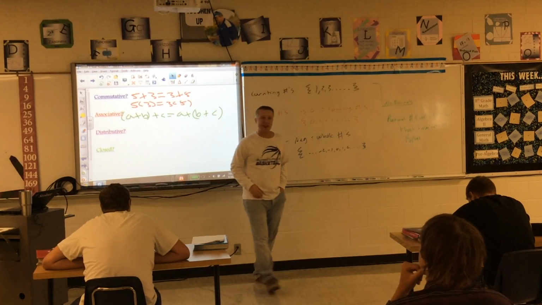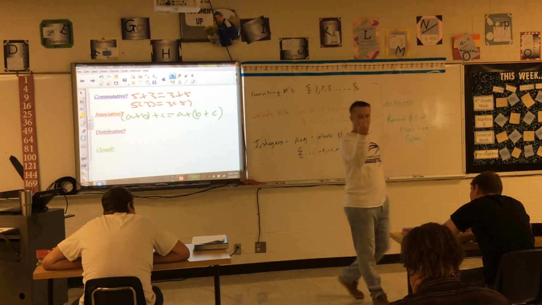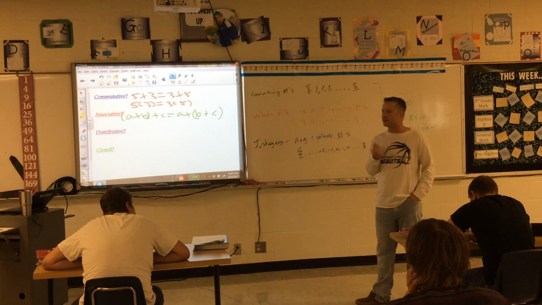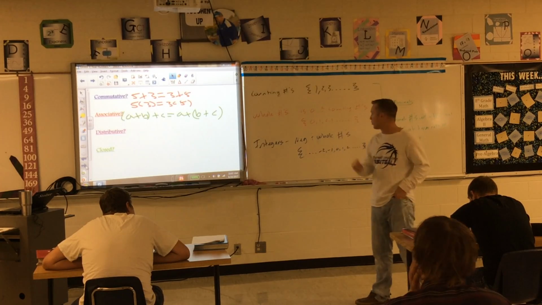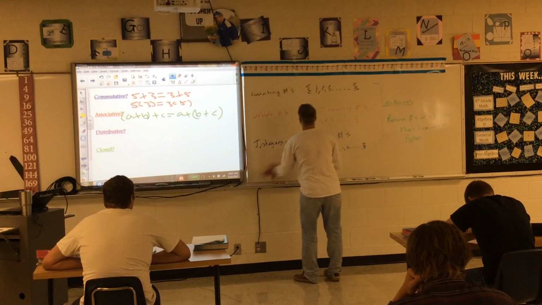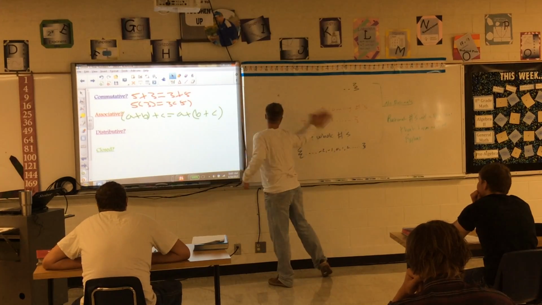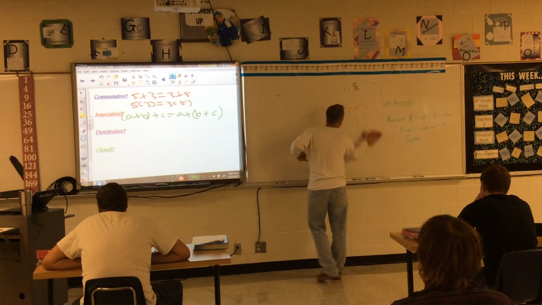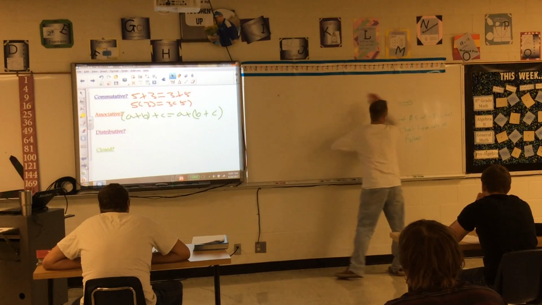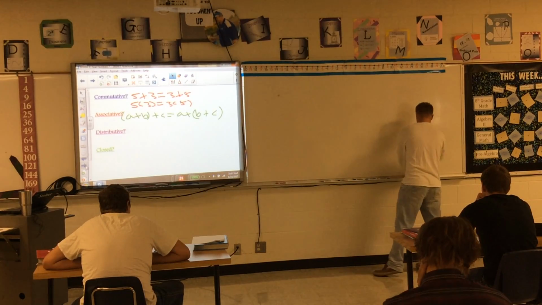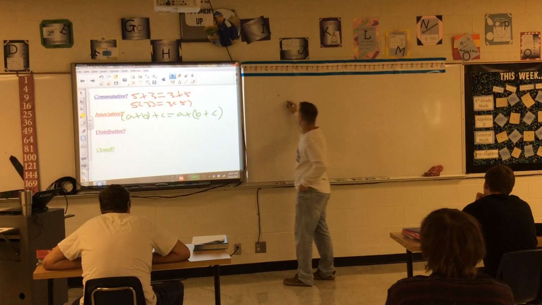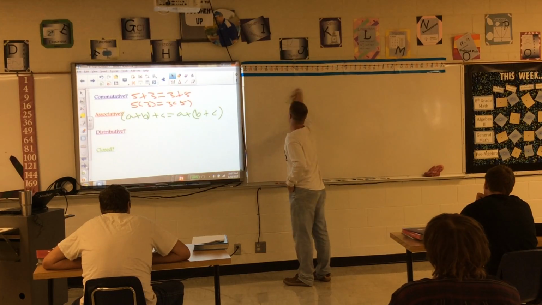So it's just saying that, again, I can add things in any order. If I have more than 2, I can change which ones I do first. Because maybe it makes more sense, okay, to add some different things here. Okay, let's put some bigger numbers.